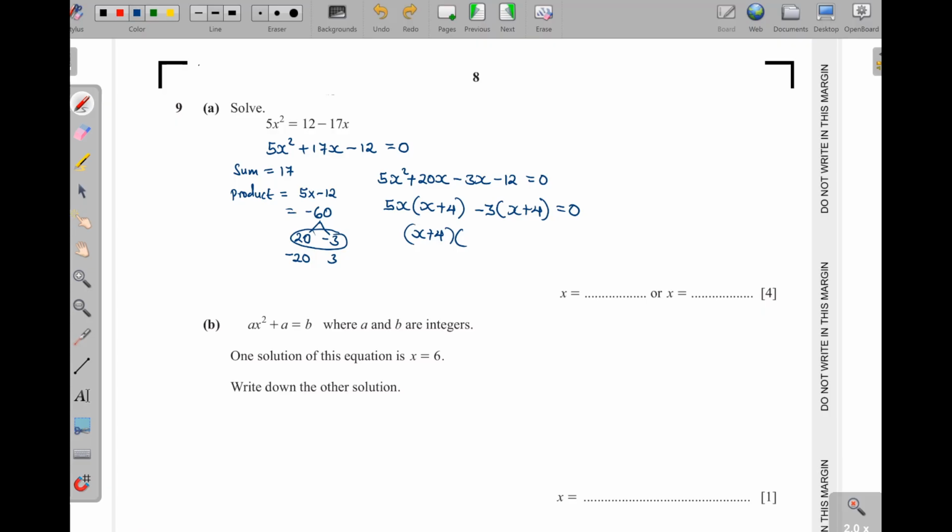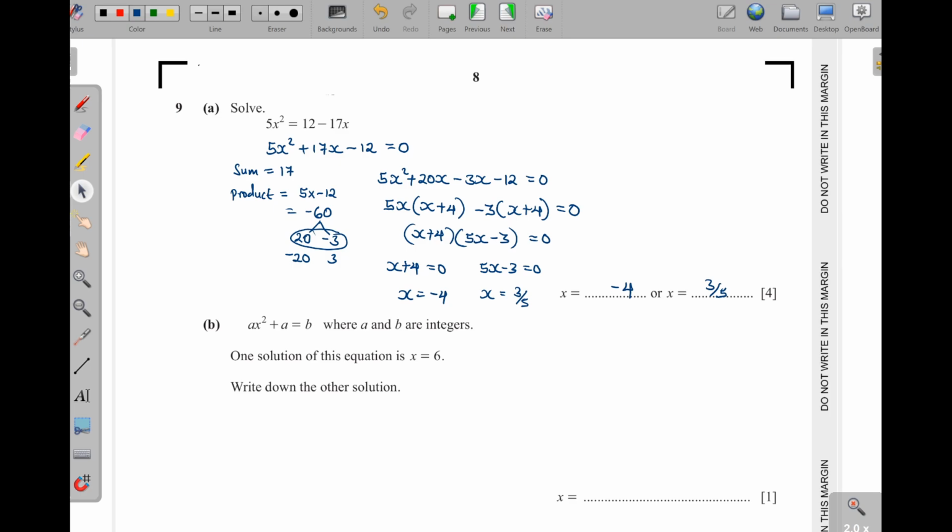Then here I have 5x and then minus 3 is equal to 0. So you get this x plus 4, you equate it to 0. Automatically x becomes negative 4. And then when you get this one here, you equate it to 0, then our x is going to become 3 over 5. So we have negative 4 and then 3 over 5.